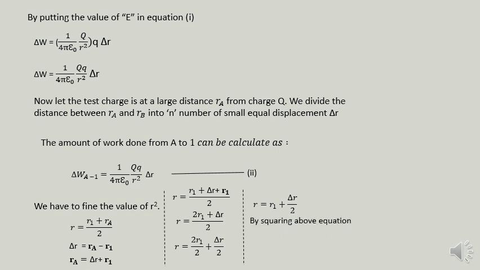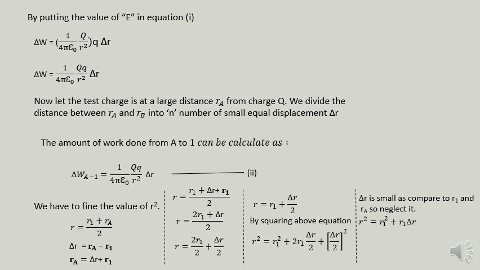By squaring the above equation for R square, and using the formula (A plus B) whole square, we get R1 square plus 2R1 delta R upon 2 plus (delta R upon 2) whole square. 2 will be cancelled by 2, and the remaining value will be R square equals R1 square plus R1 delta R. Here delta R is much smaller than the distance between RA and RB, so we neglect this term, because by squaring delta R upon 2 it becomes even smaller.